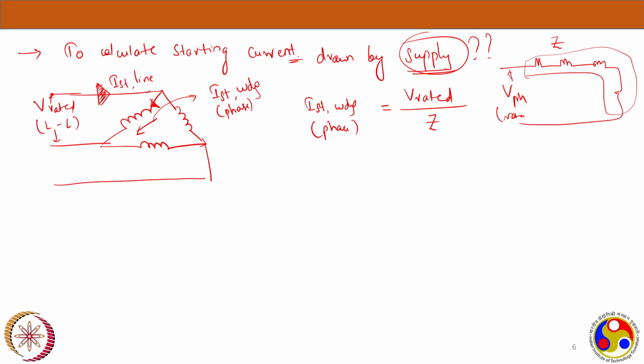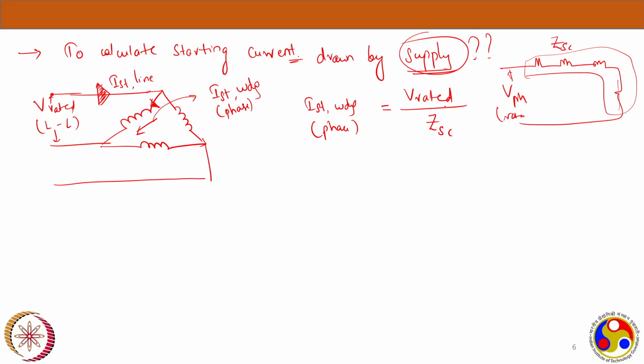Usually people call this Z as ZSC. You have short circuited, and there is a resistance now. This entire impedance is ZSC. Now your total starting current would be equal to this voltage divided by the entire short circuit impedance. This is exactly the starting current drawn by your winding in the direct online starting.